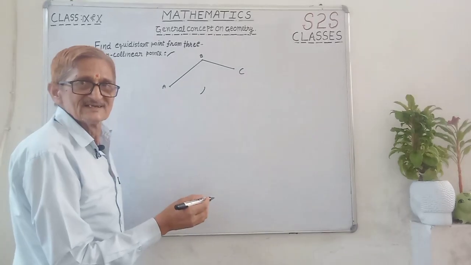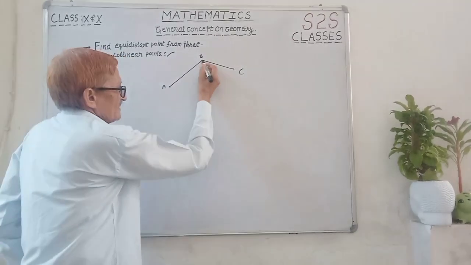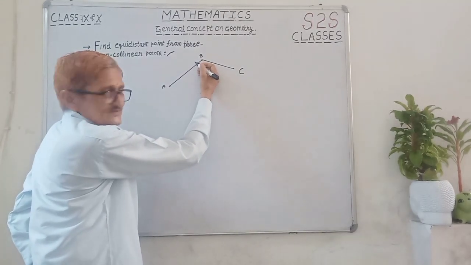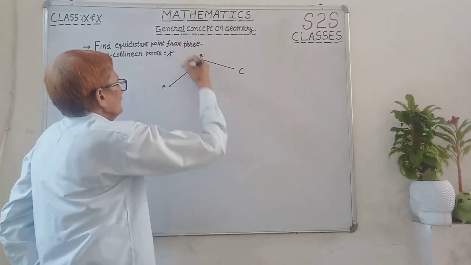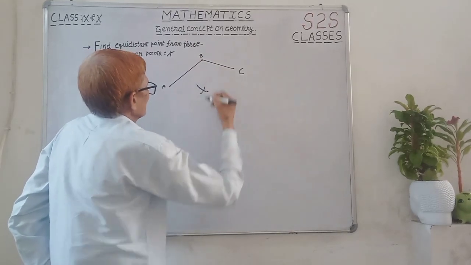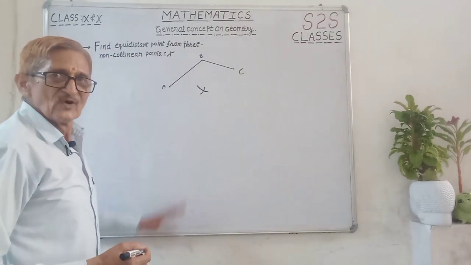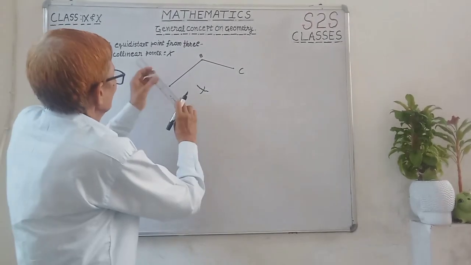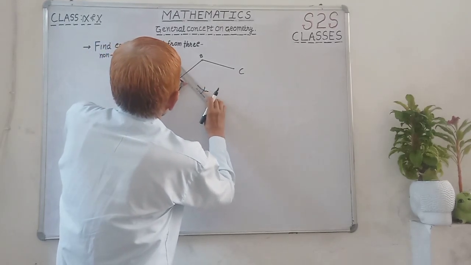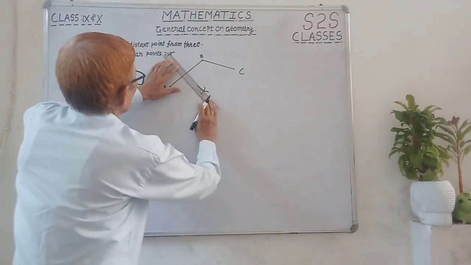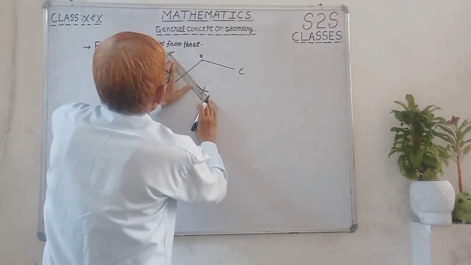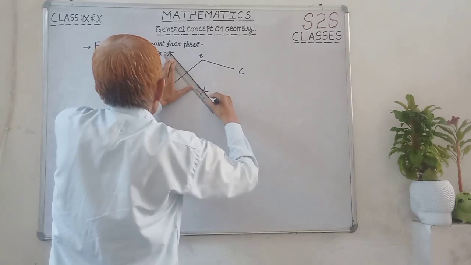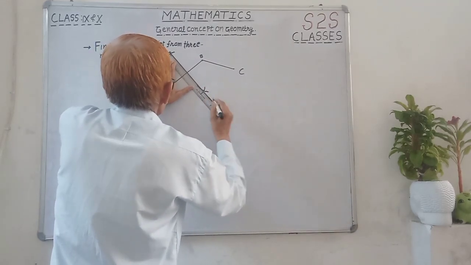Okay, after that put the needle of the compass at B and take the same distance which you opened, the same, and make the arc, and both arcs intersect at points. These points you have to join by the scale. The line segment joining these intersecting points of both arcs will be the perpendicular bisector of this AB, and produce it.